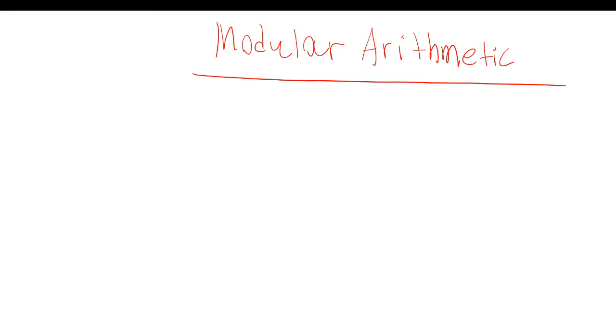Let's start by taking mods of certain numbers. If I have 9 and I take mod 7, 9 mod 7 is basically asking what the remainder is when I divide 9 by 7. 9 is 2 more than a multiple of 7, and 14 is too big, so 9 mod 7 is 2.